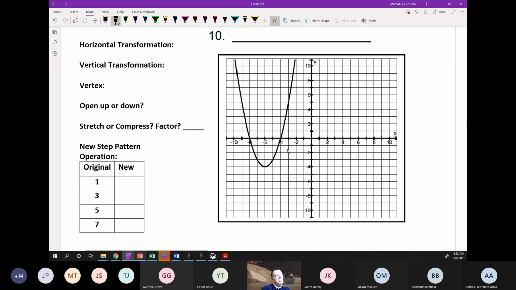For this graph here, what was my horizontal transformation? I'll wait in chat until someone tells me.